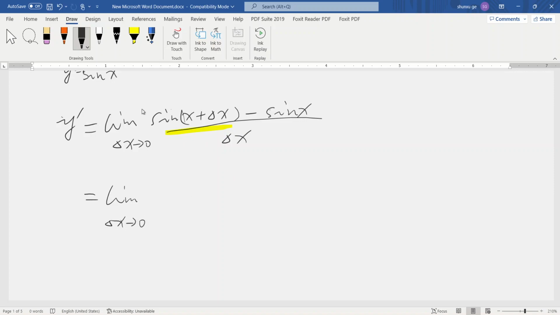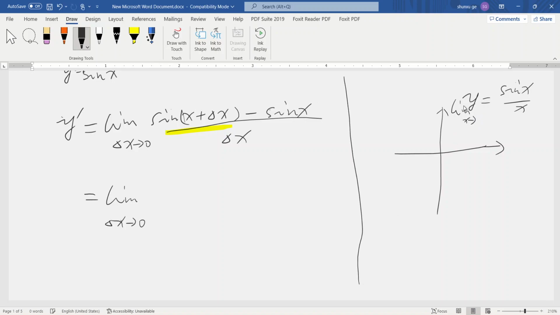We know a very famous limit, for example: the limit of sin x over x as x approaches 0. So when x approaches 0, what is the value?